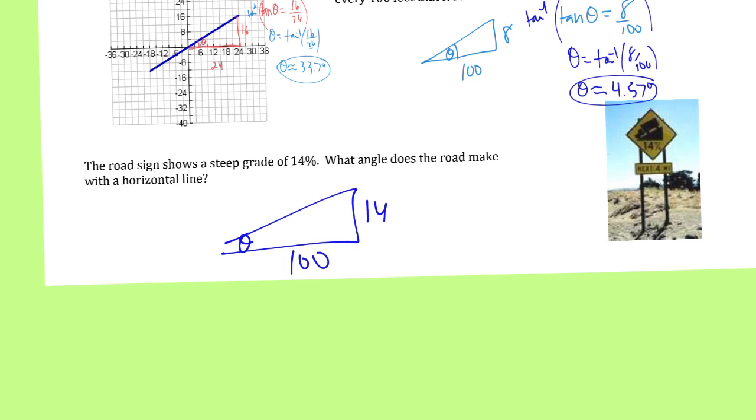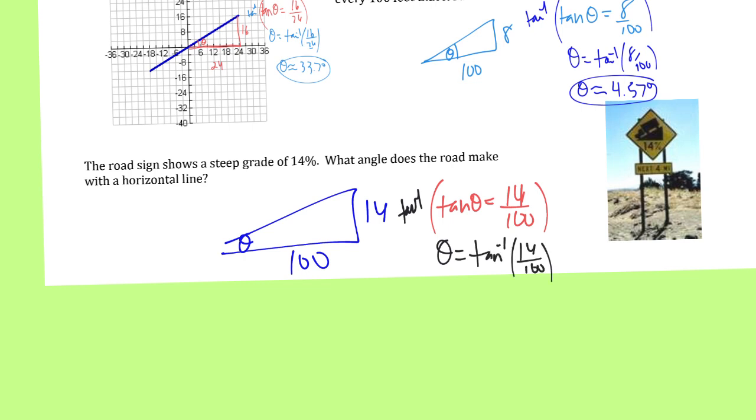And so we would do tangent of theta is equal to 14 over 100. To solve it, you're going to do inverse tangent of both sides. So theta is equal to the inverse tangent of 14 out of 100. Use your calc. Theta is approximately 7.97 degrees.